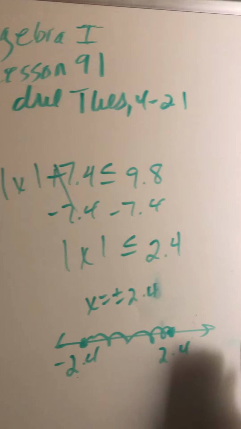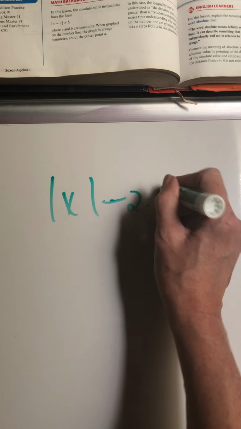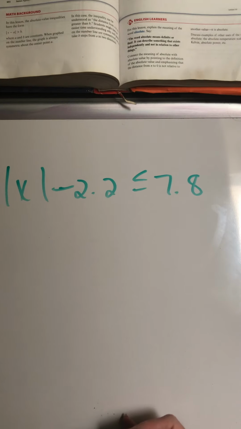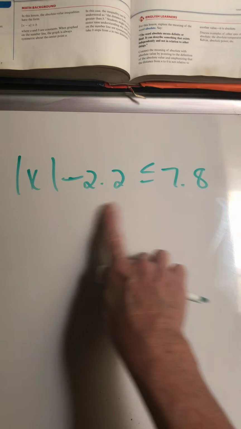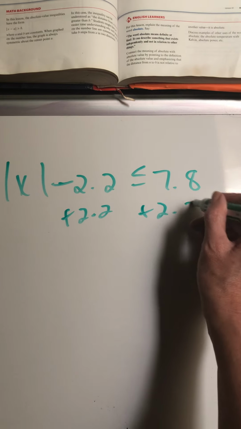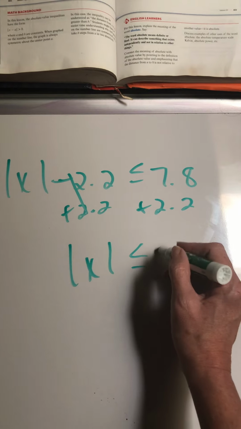So we added a number. You might have to subtract a number. You might have to multiply by a number, divide by a number. So we're going to look at all those kind of examples. So absolute value of x minus 2.2 less than or equal to 7.8. So we add 2.2. So that gives absolute value of x less than or equal to 10.